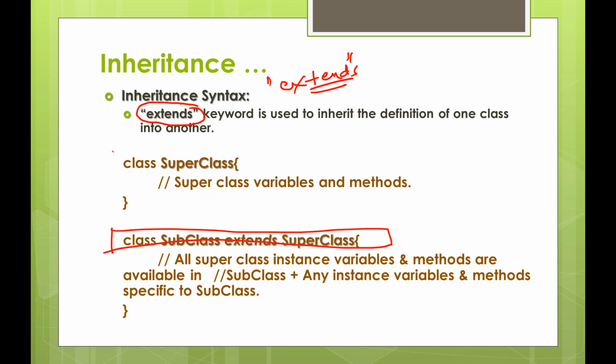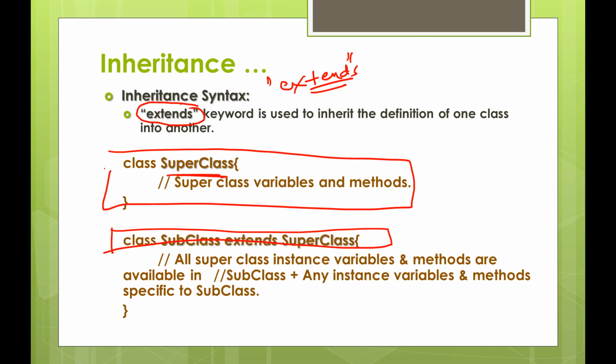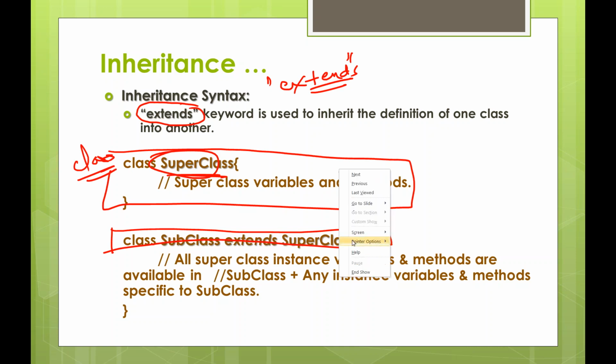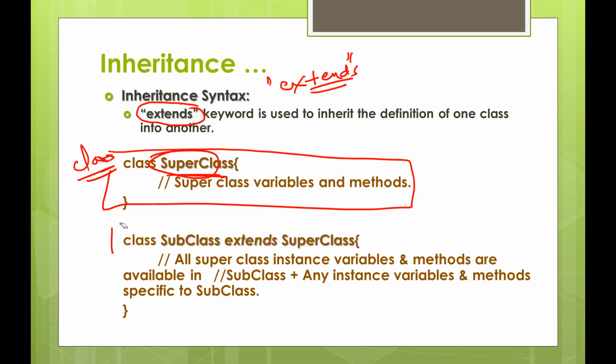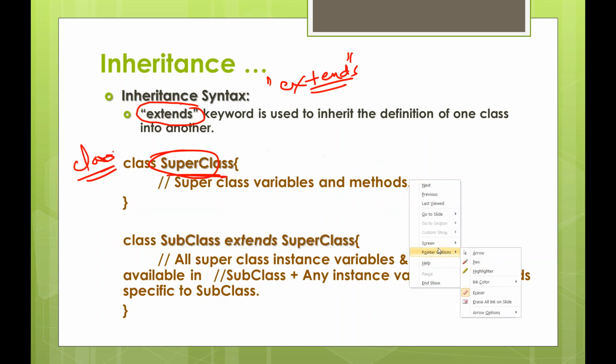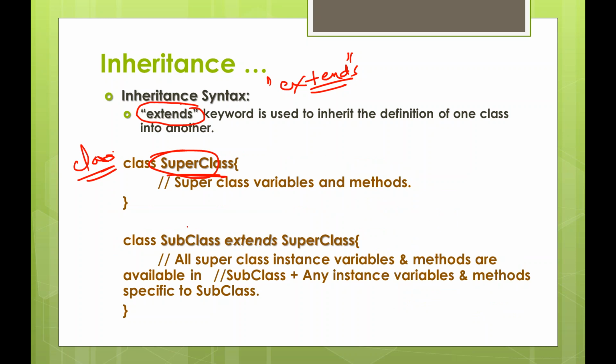Say, for example, you have a superclass. You define a class like any other class, the same way. But when you are defining a subclass, you use the extends keyword followed by the superclass name.